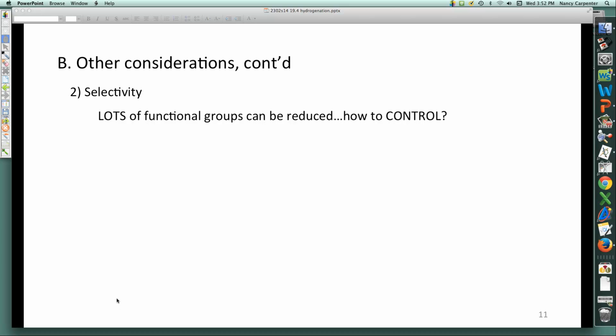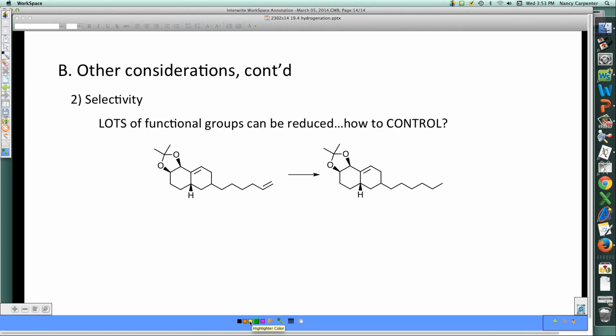Furthermore, this allows us selectivity because obviously there are a lot of functional groups that can be reduced, and if I'm just going to bubble hydrogen gas through my reaction mixture, how am I going to control which gets reduced? So here are a couple of examples. If I'm trying to reduce one of these double bonds, this is the one that gets reduced. This one is left untouched.